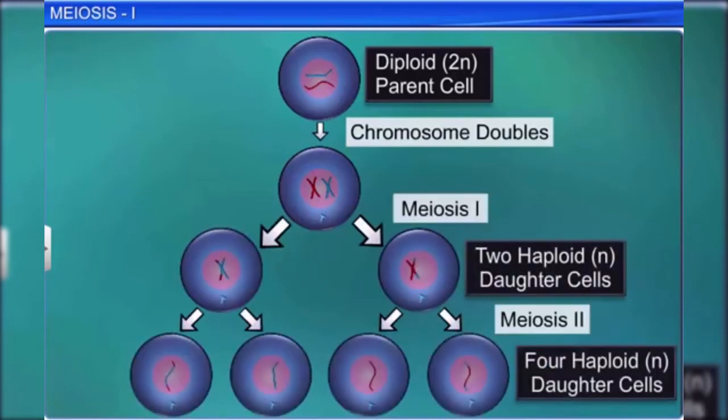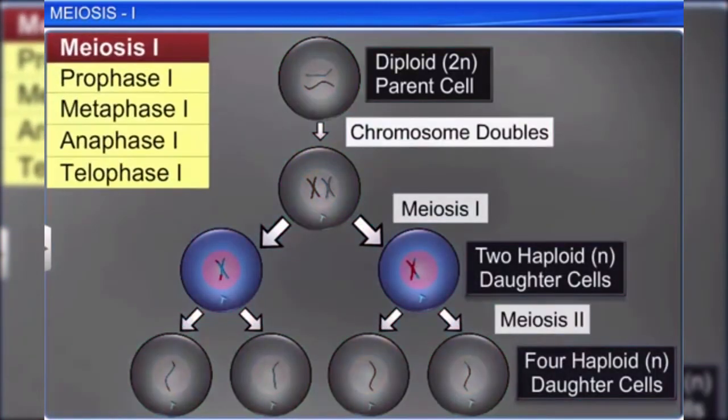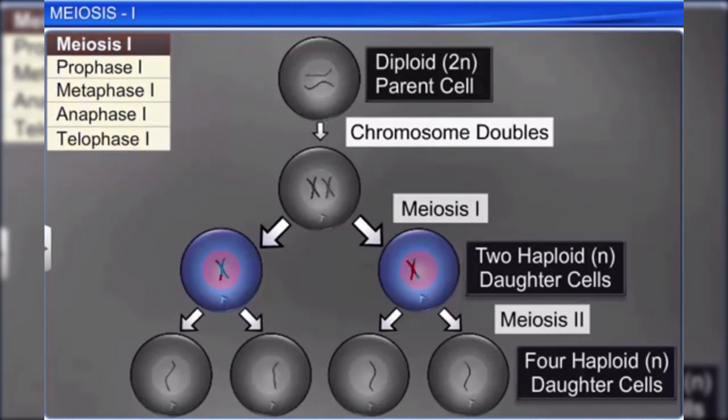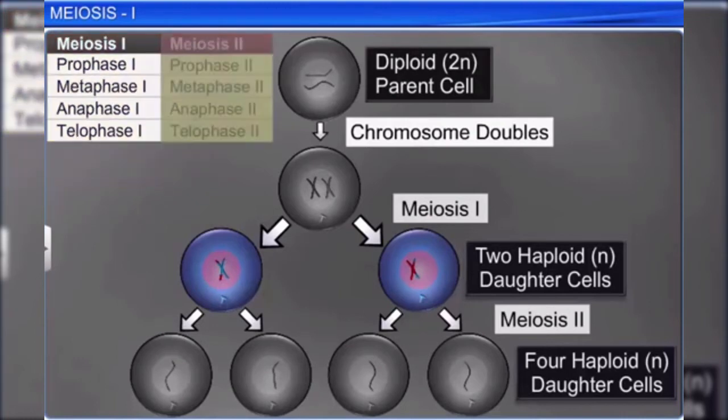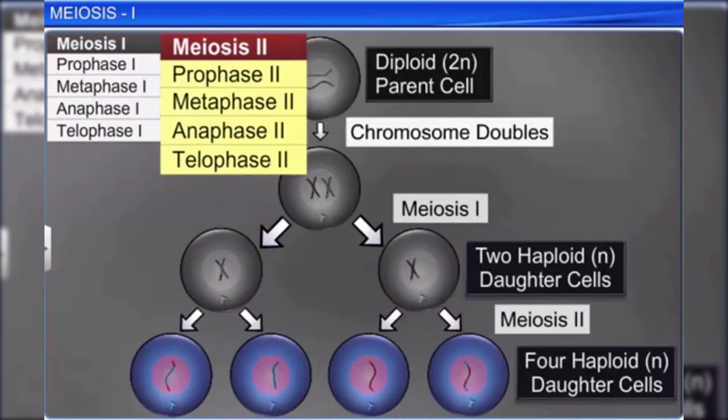Meiosis 1 is divided into 4 stages: prophase 1, metaphase 1, anaphase 1, and telophase 1. Similarly, meiosis 2 is divided into 4 phases: prophase 2, metaphase 2, anaphase 2, and telophase 2.